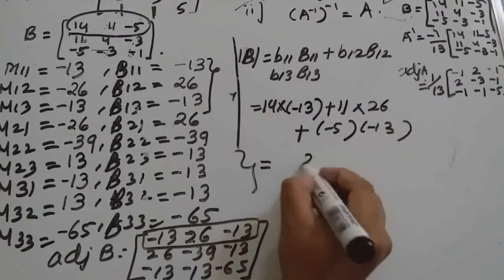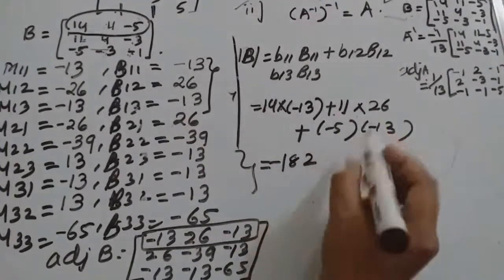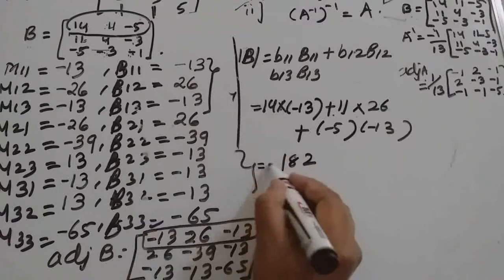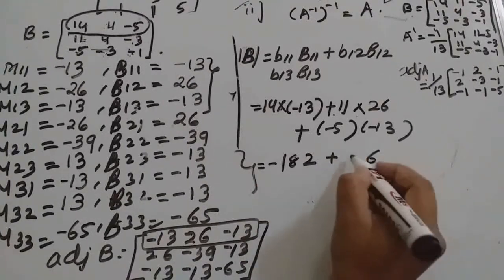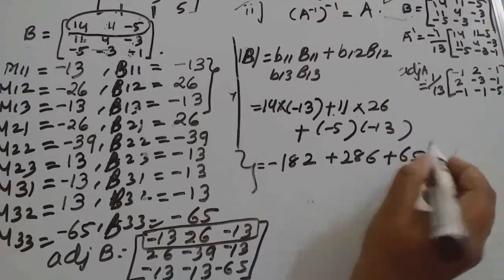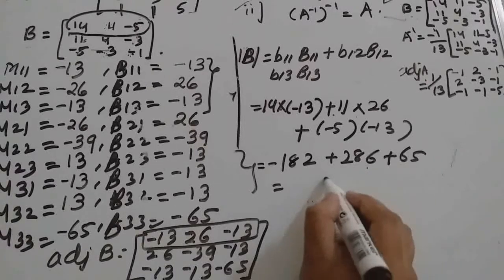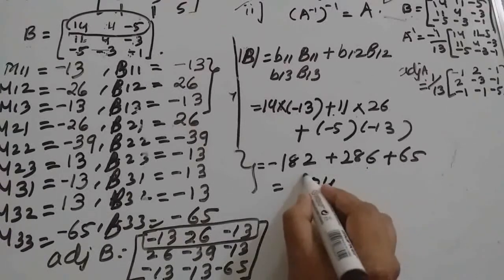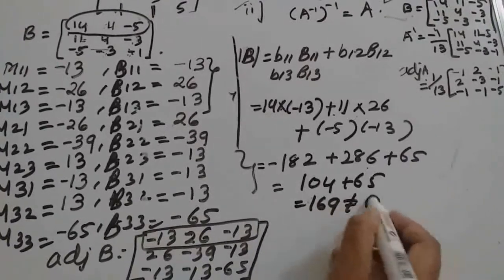So it will be minus 182. This will be 286 and plus 65. So if you add these, you will get 169, which is not equal to 0.